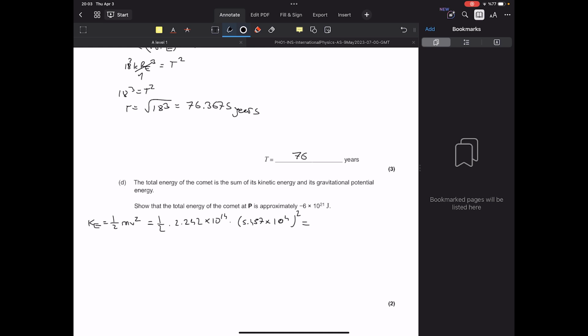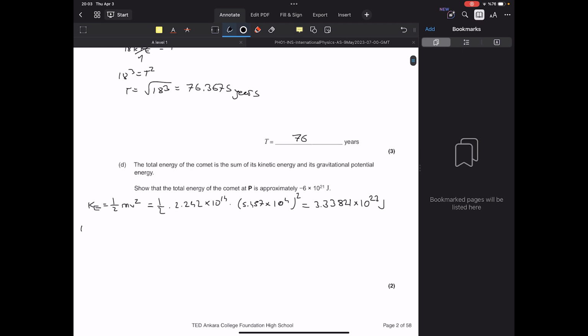So it's going to be equal to 1/2 times 2.242 times 10 to the 14 times 5.457 times 10 to the 4 squared, which is equal to 3.33821 times 10 to the 23 joules.